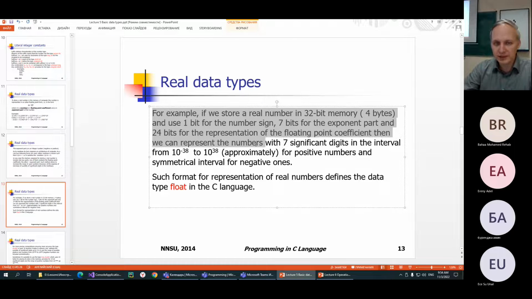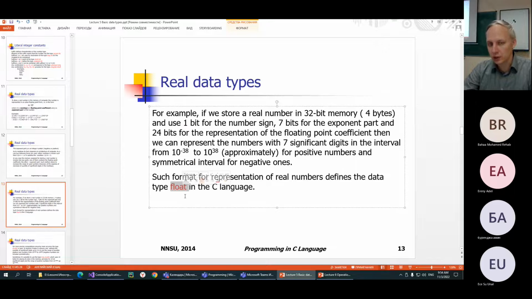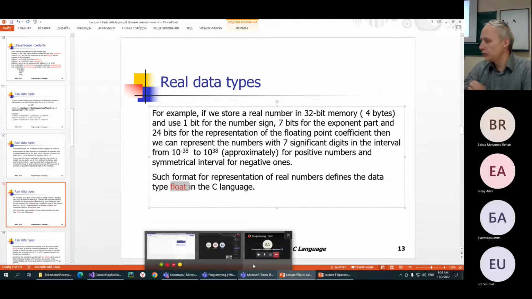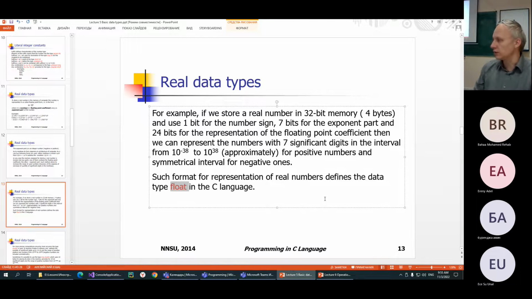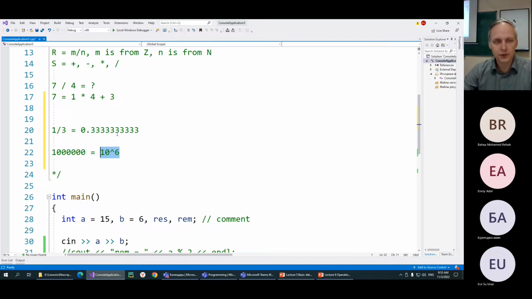This format of representation corresponds to the type float in C language. If you use float, you should remember that you will represent the real number only with 7 digits after the decimal point. And there is a feature.